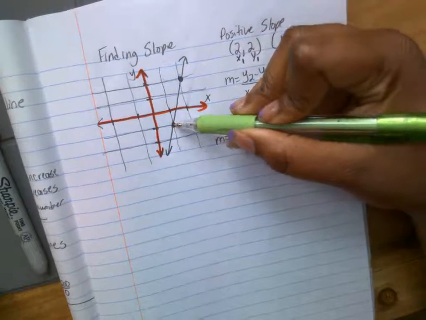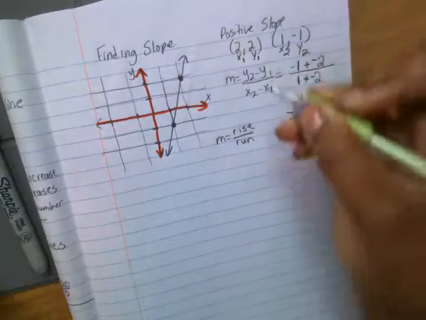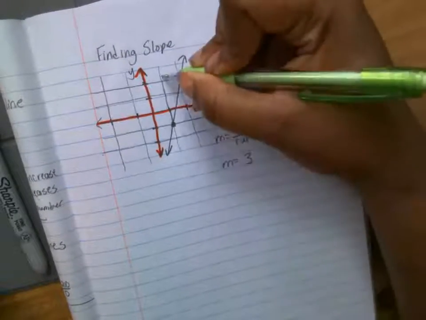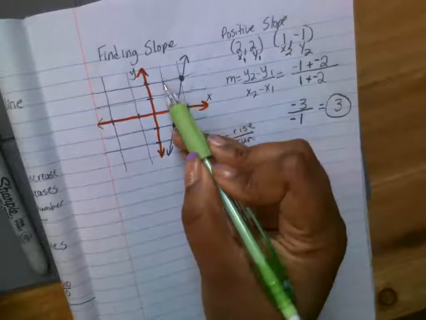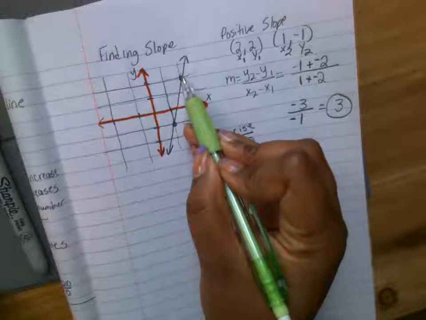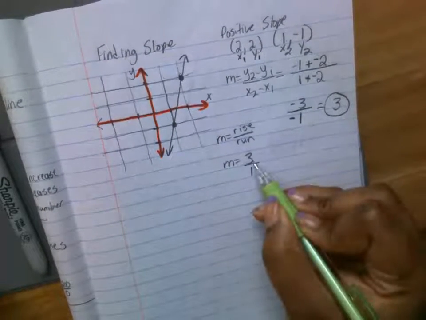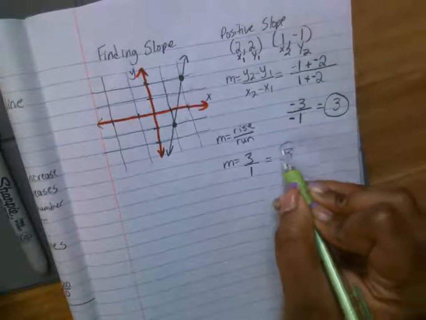So I count, I go up 1 unit, 2, 3. So my top number is a positive 3 because I went up 3. Then I go from here to the right 1. So my bottom number is a positive 1. So my answer is 3 over 1, which is equal to 3.